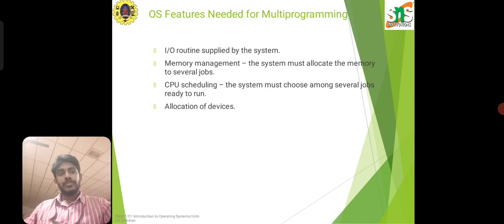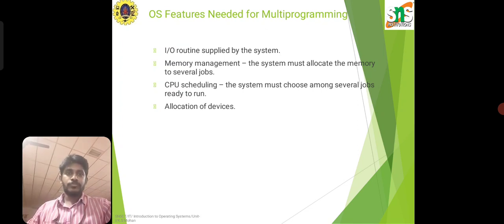We are doing multitasking in our system, and the OS helps in many ways to handle it without any error. With the help of the input output routines supplied by the system, whatever input or output the user gives, whether binary values or any other values, it will be handled with the help of the operating system.